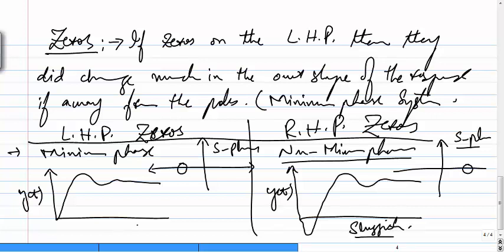So this is what we have about the knowledge of the response. And then we have another thing: the time specifications that we will use for system analysis.